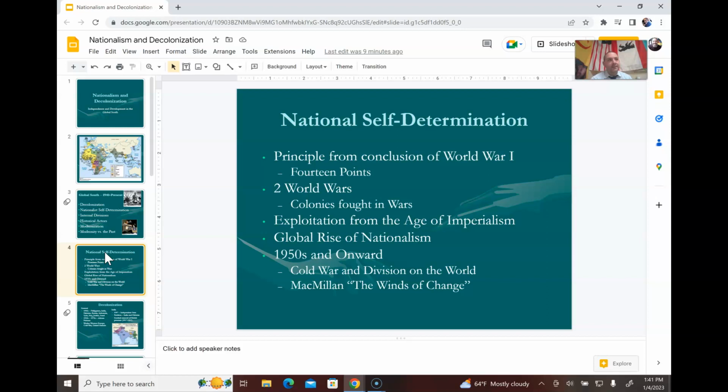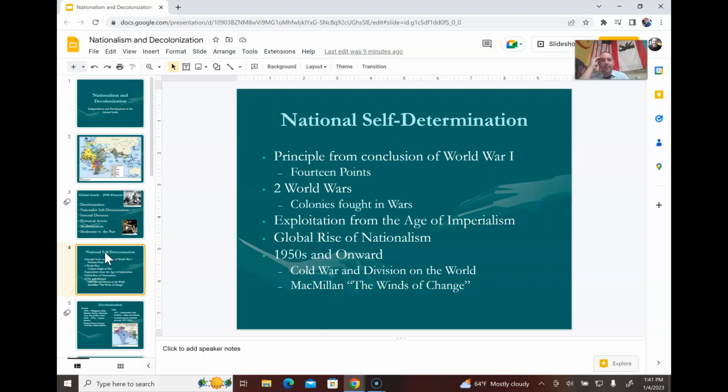Britain, for instance, in World War I, has Australians and New Zealand's Kiwis, and people from South Africa fighting, and people from India fighting in their armed forces, and they are dying.